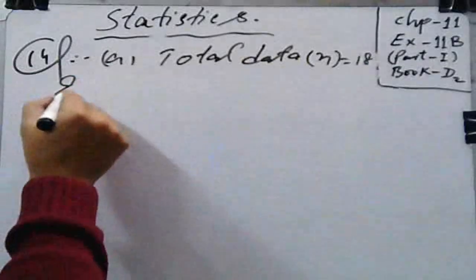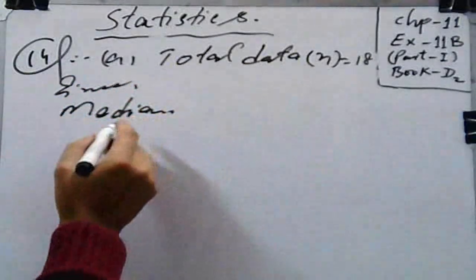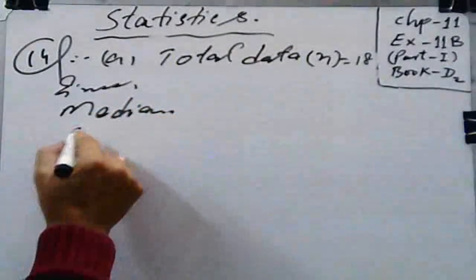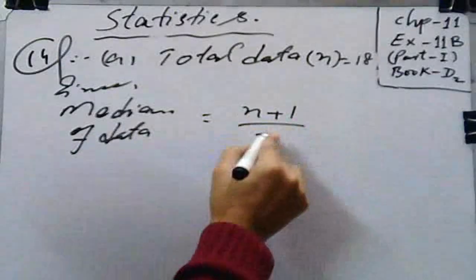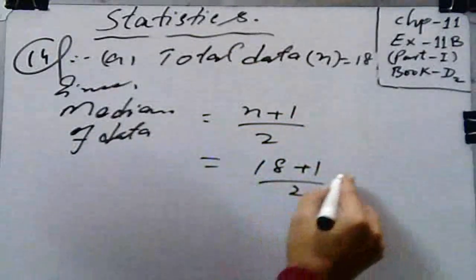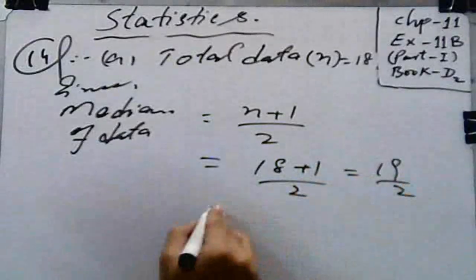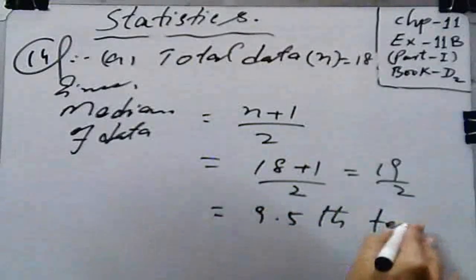So how can we find the median? The median of data is n plus 1 divided by 2, because it is even. So 18 plus 1 divided by 2, you will get 19 by 2, and this one is the 9.5th term or position.